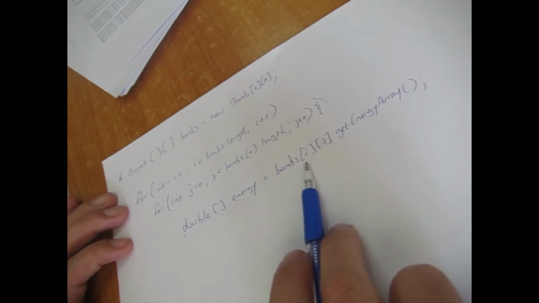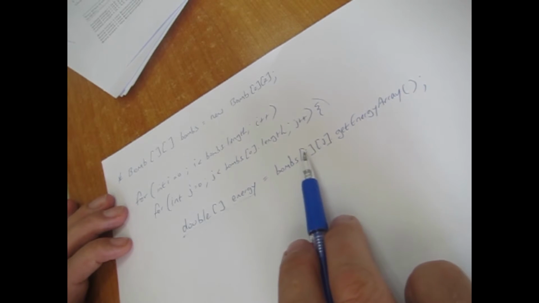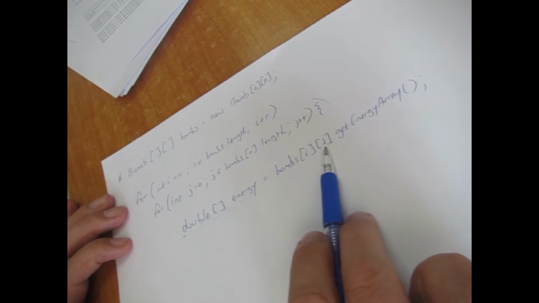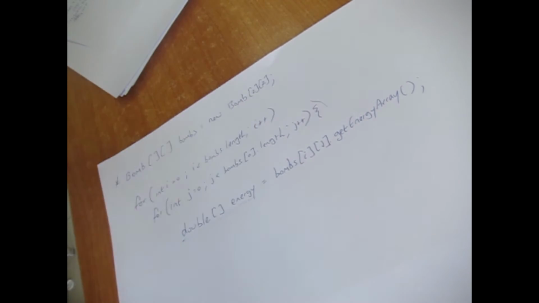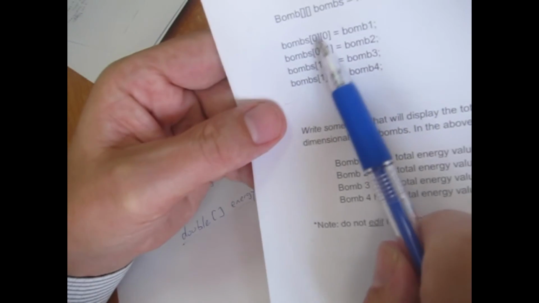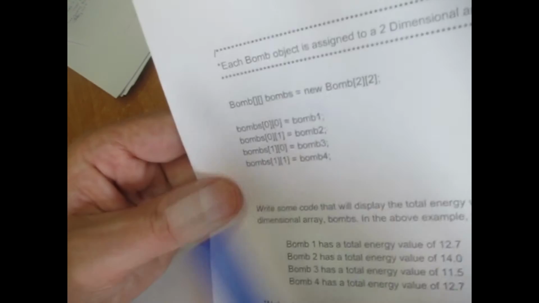So we can imagine that if i is equal to 0 and j is equal to 0, we will go into BOMs[0][0]. And we've got to remember that BOMs[0][0] is pointing to a BOM object.